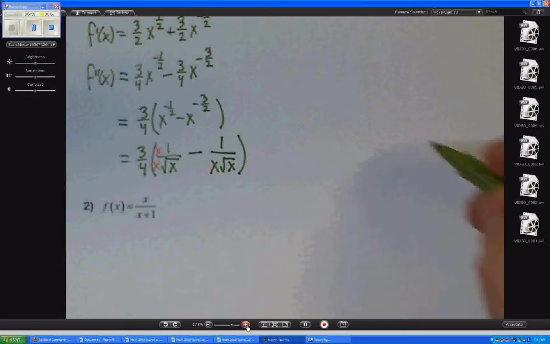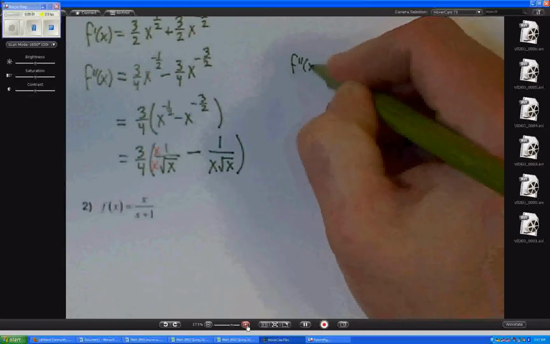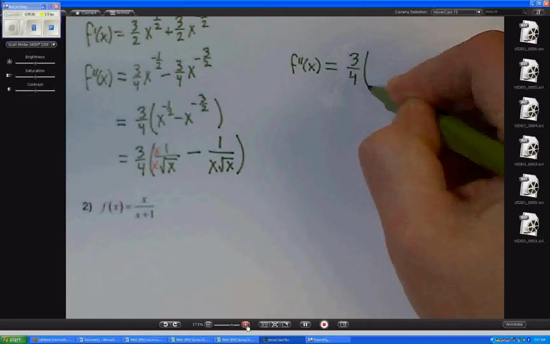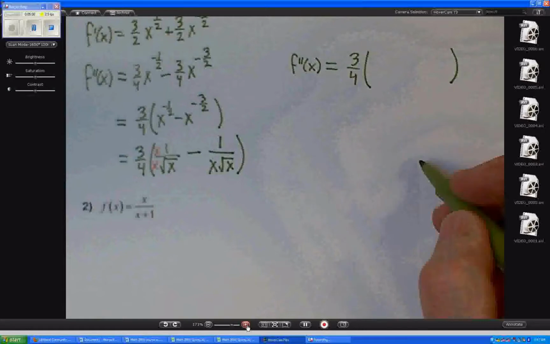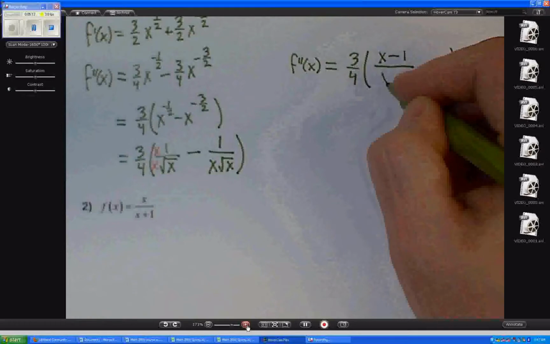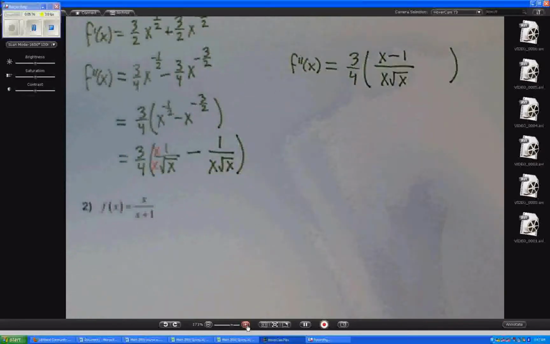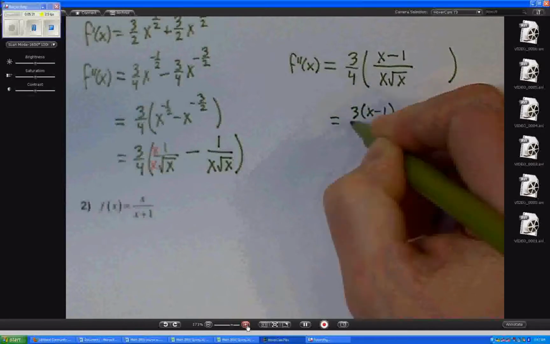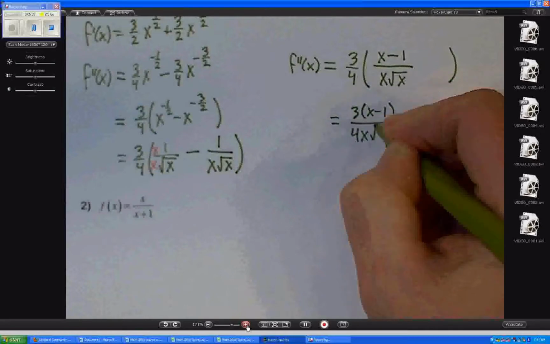Let's see. f double prime of x equals 3/4 of, well, let's see, I have x minus 1 over x square root of x. Okay? How's that look to you, okay? Did I write it as one big fraction? I guess so. I mean, you might write it this way, too. 3 times x minus 1 over 4x square root of x. Something like that.